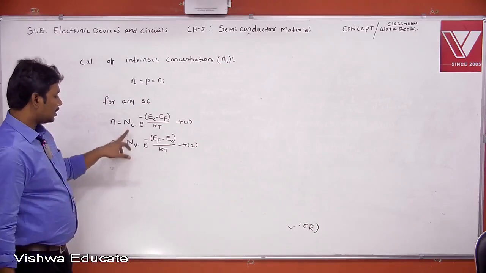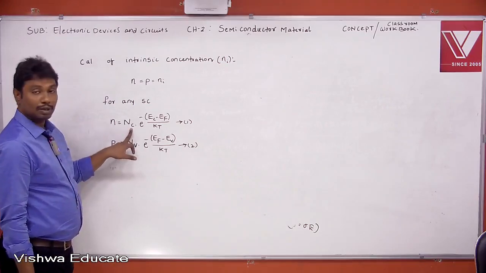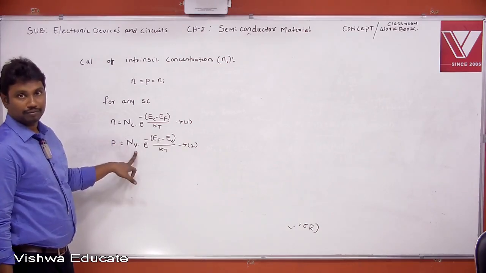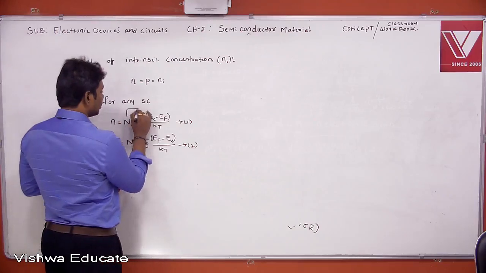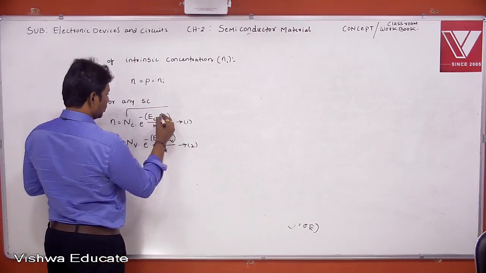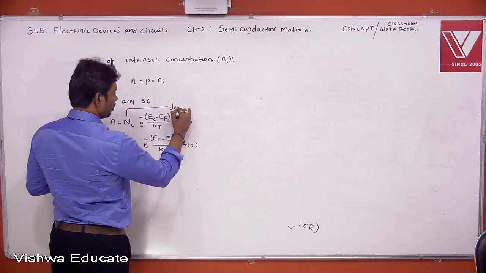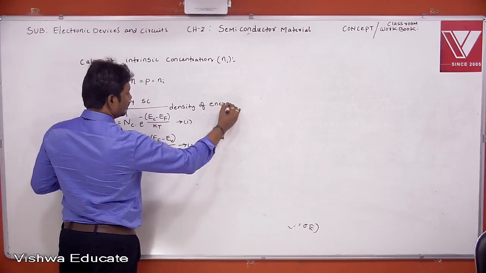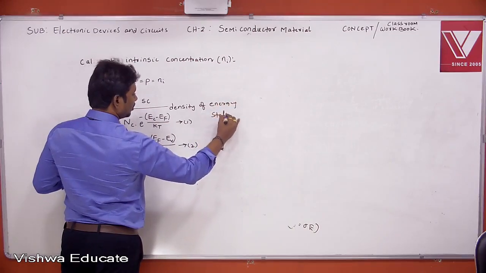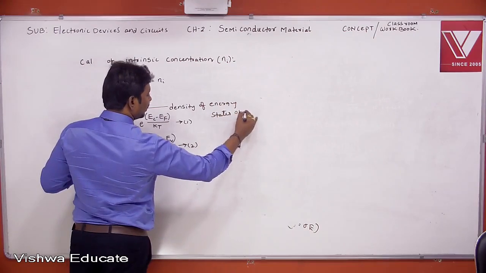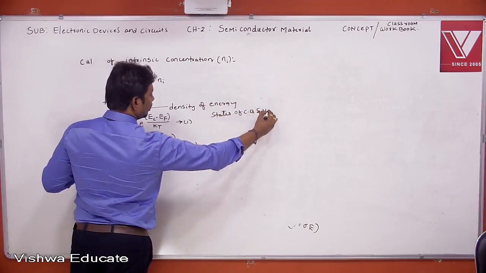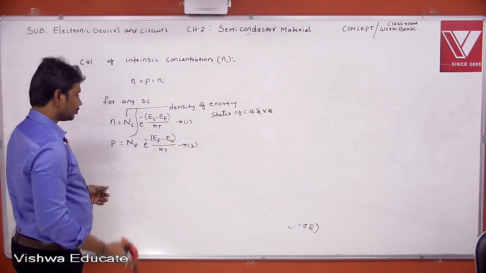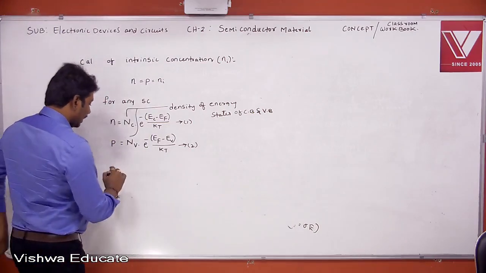Here Nc and Nv are the density of energy states in the conduction band and the valence band. What are the Nc and Nv equations?